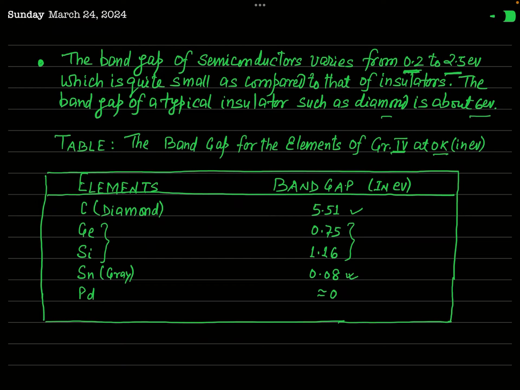So in the fourth group, you can see these two elements, Ge and Si, have a smaller band gap, but not very small, not zero, and so these are semiconductors, while carbon has a larger band gap and behaves like an insulator. And when you talk about Sn and Pd, you can see the band gap is negligibly small, and so they behave like metals or conductors.